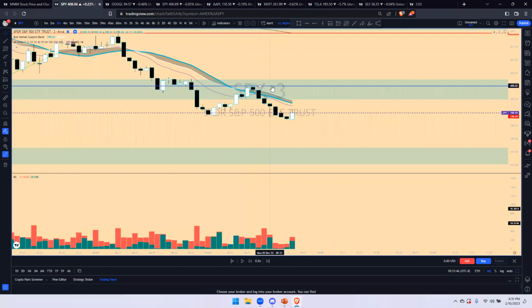I may have taken a short chance there because the 400 psych level was in a zone. But for this strategy, it would have been right here. This wick rejected the zone, it came up, retested, rejected these EMAs, and this could have taken you down, and you could have made a lot of money off this move alone. So that's that strategy.